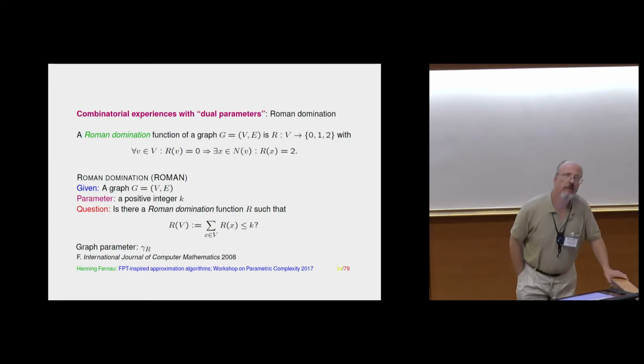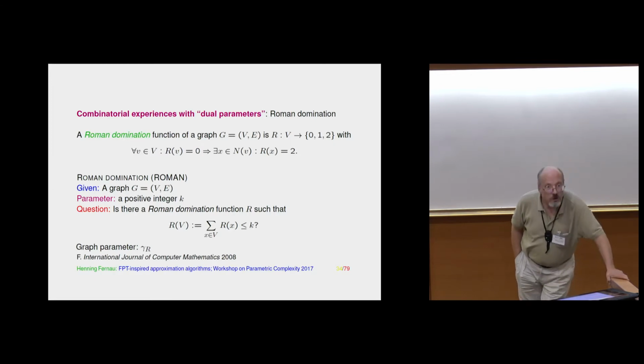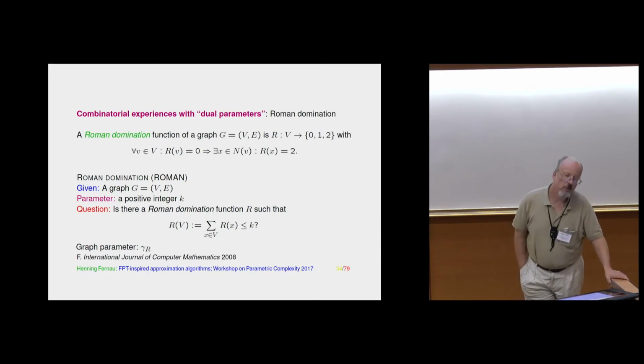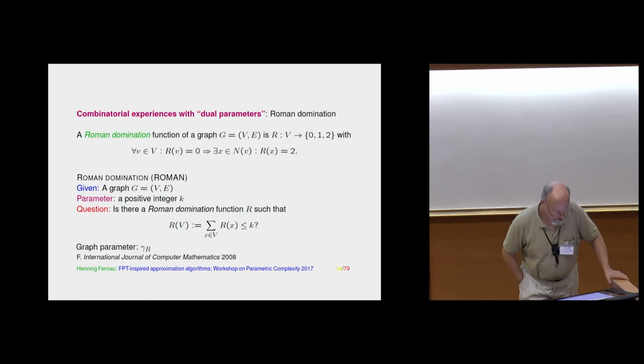whenever I assign 0 to a vertex, then at least one vertex in its neighborhood should be assigned 2. Okay?